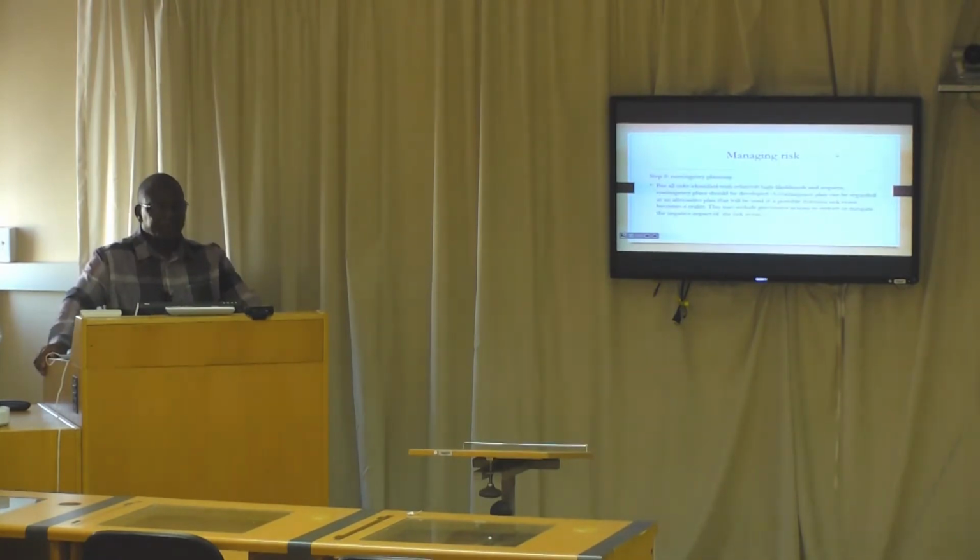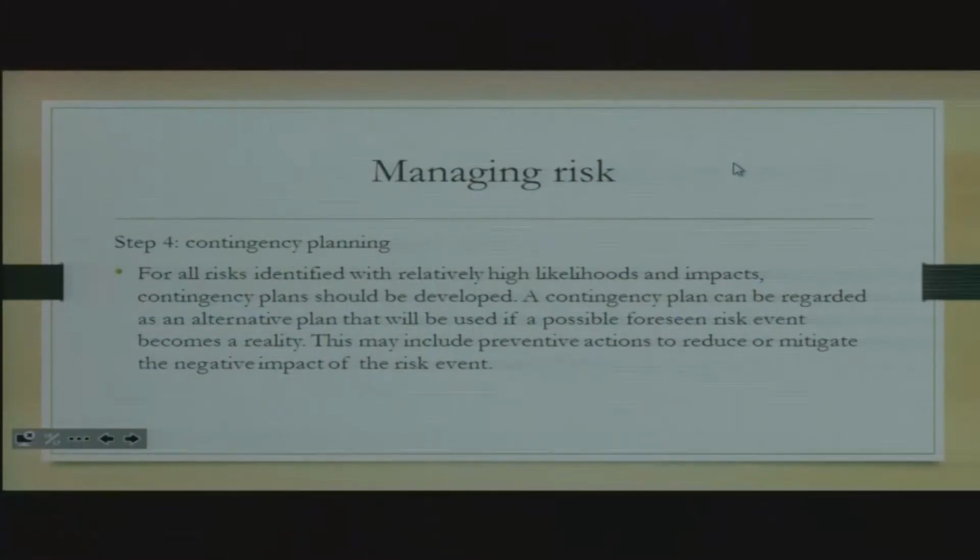Step number 4, contingency planning. For all risks identified with relatively high likelihoods and impacts, contingency plans should be developed. A contingency plan can be regarded as an alternative plan that will be used if a possible foreseen or foreseeable risk event becomes a reality. This may include preventative actions to reduce or mitigate the negative impact of the risk event.